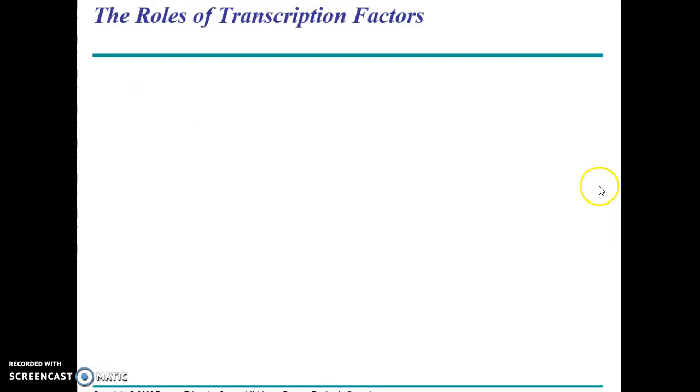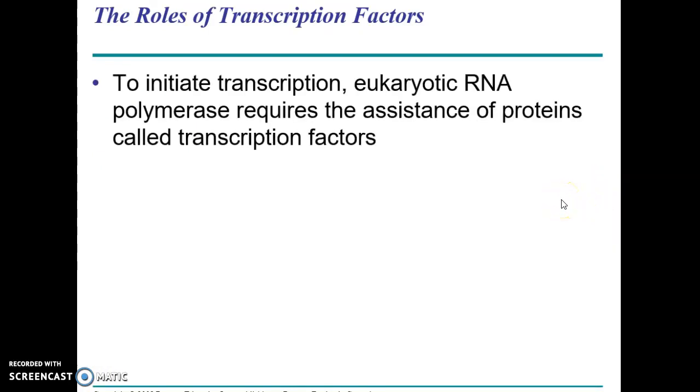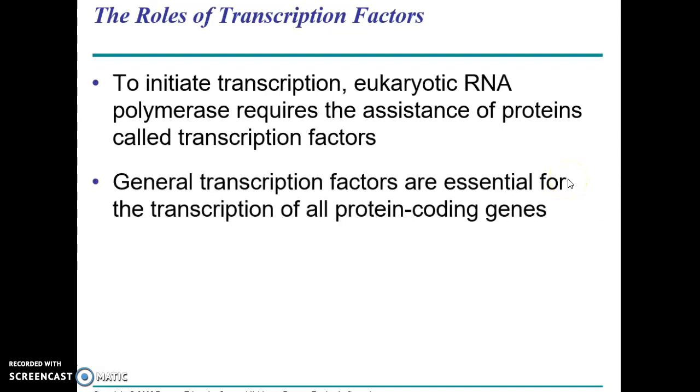Now again, let's just review what is a transcription factor. Transcription factors that we looked at before were those proteins that attached to the promoter that called or signaled to RNA polymerase. For technicality, we're going to call the ones that you already know general transcription factors.